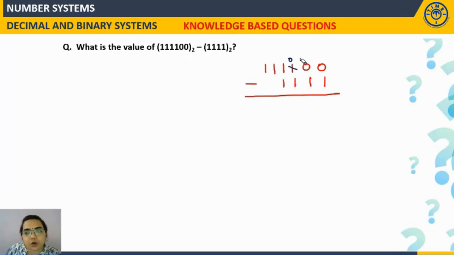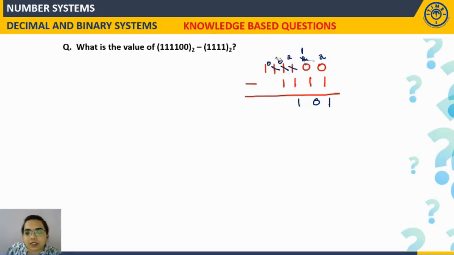10 is what? 10 is nothing but 2, correct? Okay, so from this 2 again you're performing a cancellation, just leaving 1 here, and you're bringing a carry of 1. So this 10 is nothing but what? It is 2. Clear? Okay, so 2 minus 1 is 1, 1 minus 1 is 0, again you have 0, so bring a carry. So this is 0, you get 1 here, so it will become 2. 2 minus 1 is 1.